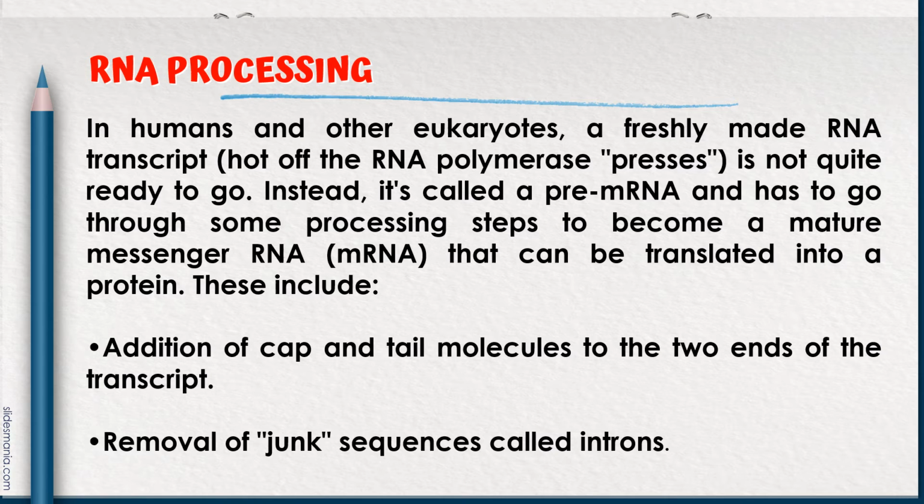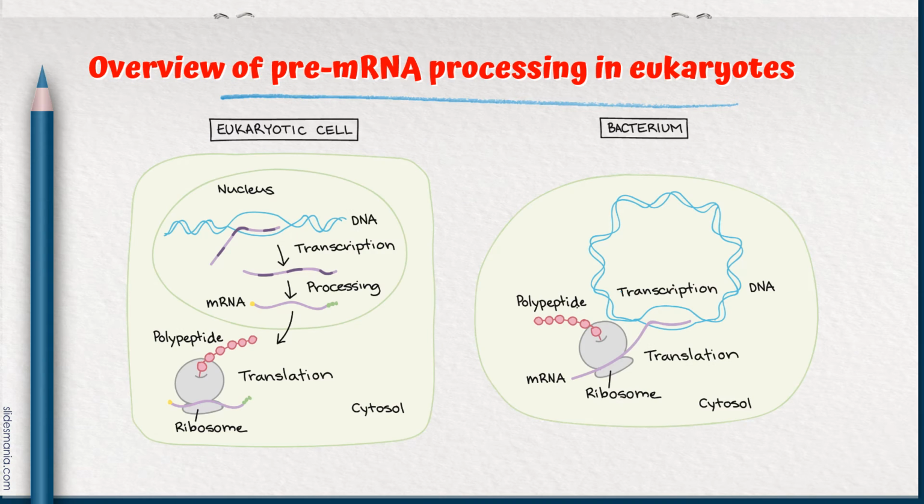In this lesson, we'll take a closer look at the cap, tail, and splicing modifications that eukaryotic RNA transcripts receive, seeing how they're carried out and why they are important for making sure we get the right protein from our RNA. Now let's have an overview of pre-mRNA processing in eukaryotes.